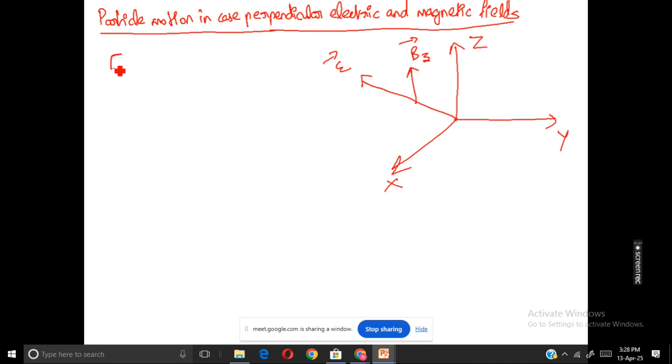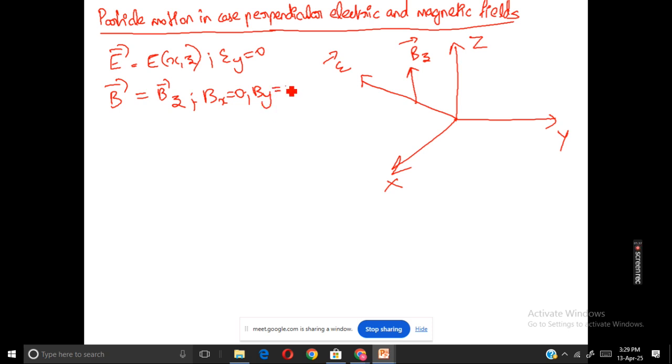So E is basically a function of X and Z, and B is a function of Z. In this case, Ey will be 0, and Bx is equal to 0.